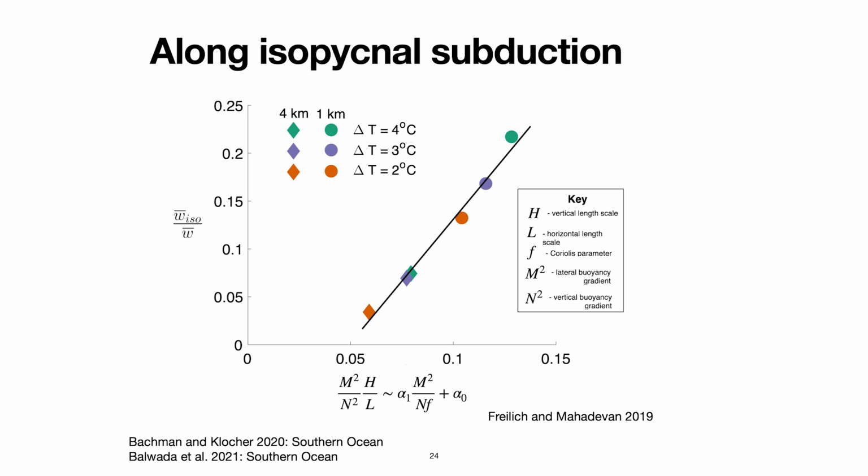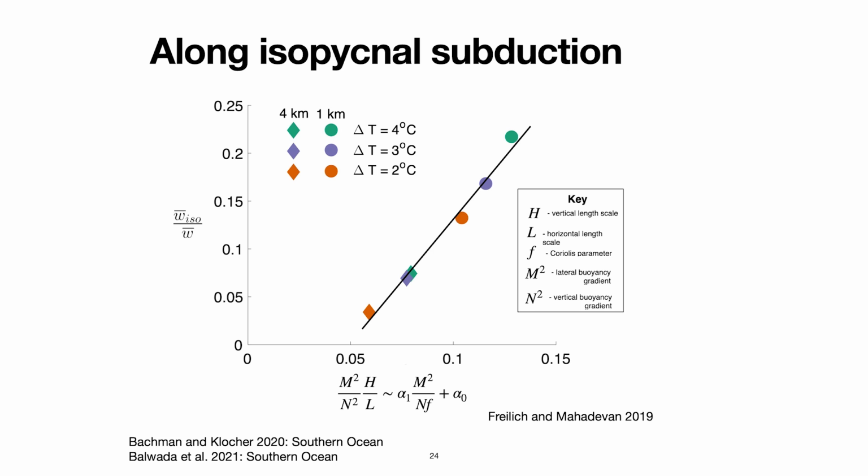And we find that that's sensitive to model resolution, where the diamonds are a low resolution model and the circles are higher resolution model, although both are high resolution compared to climate models. And we find that this scales with that aspect ratio that I was pointing out previously and the slope of the isopycnal surfaces themselves.